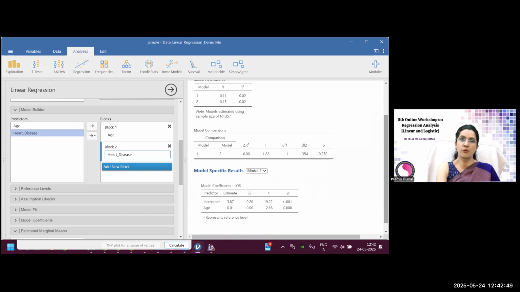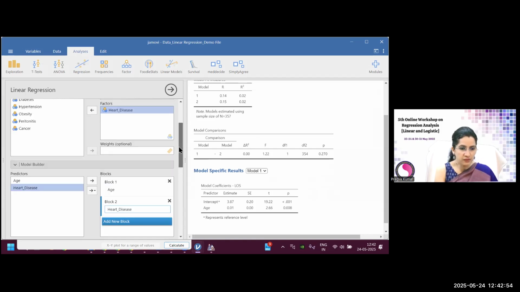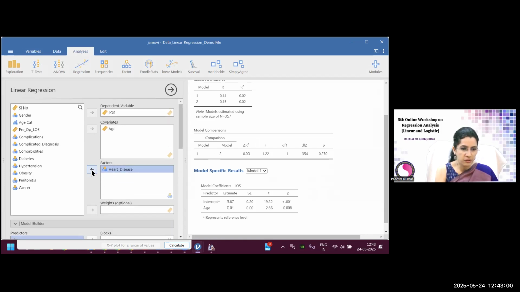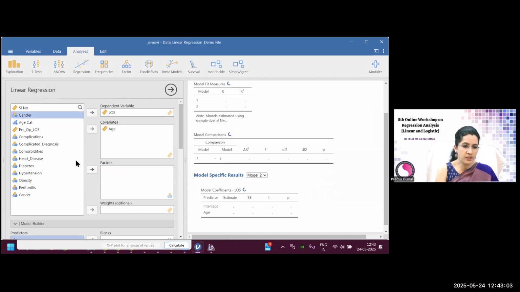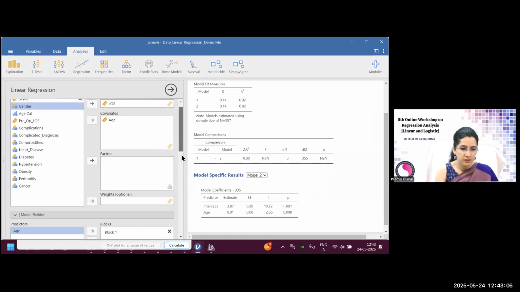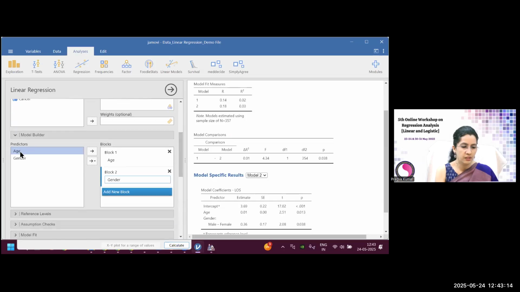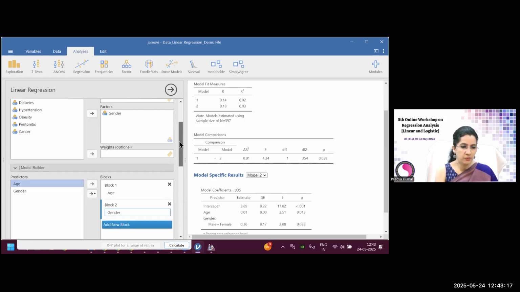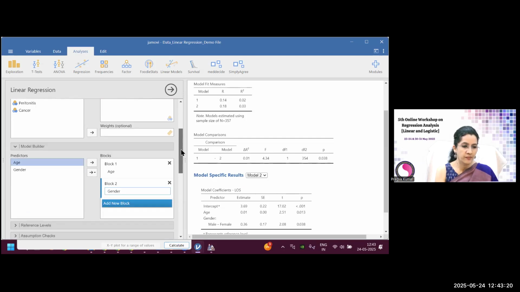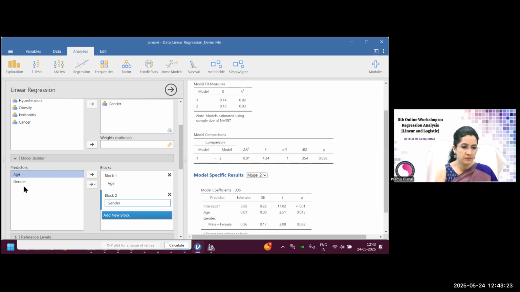Okay, ma'am. In that case, coefficient interpretation will be, let me try one. So you are saying that if age, let me try it out. Let's say age and gender, although it is not significant, but if it is significant.